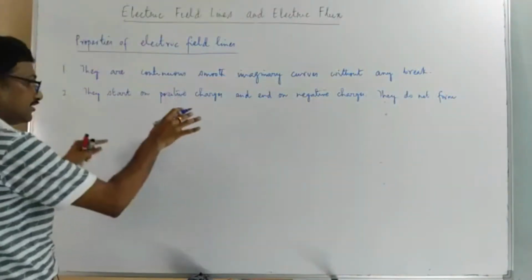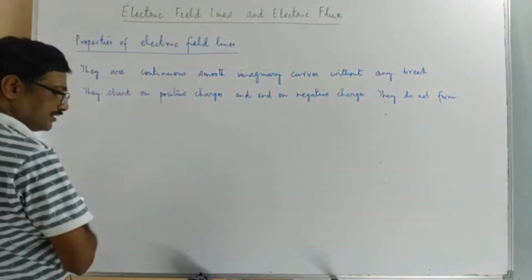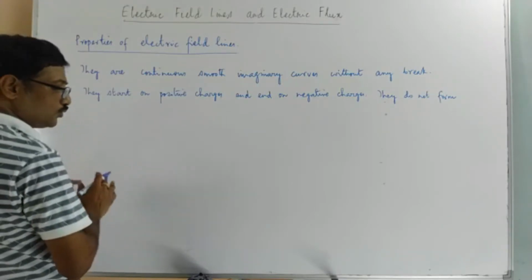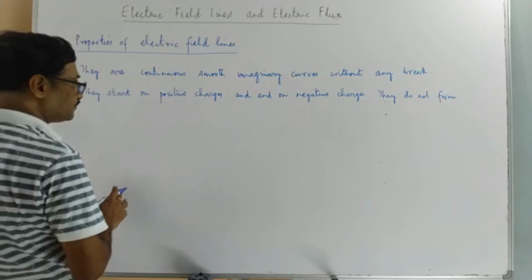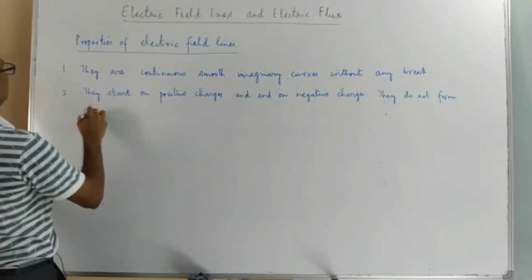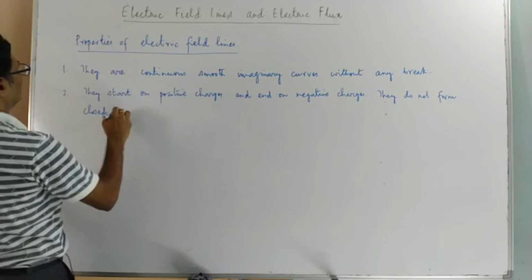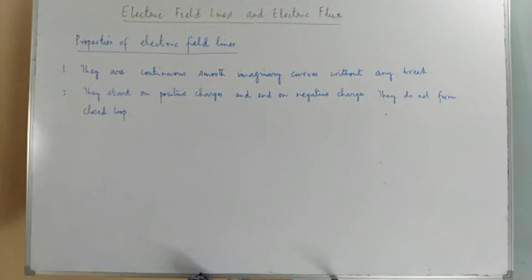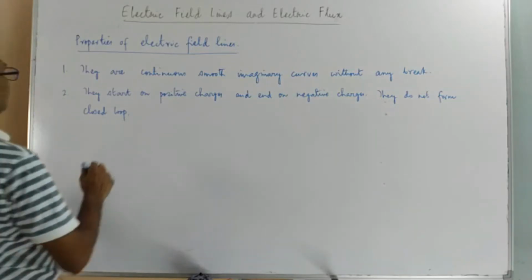So we have considered 6 cases. We have seen that there was no such closed loop. Is that clear? If we consider any isolated charge, then they start or end on infinity.